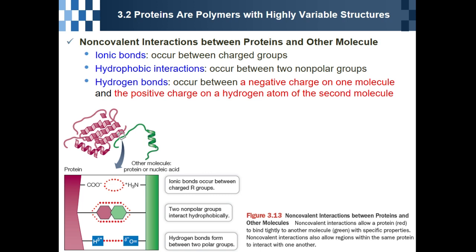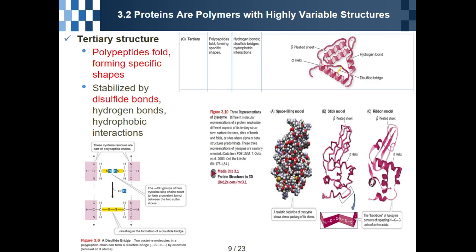Between them, the hydrogen bonding is happening. But this one is a non-covalent interaction. However, with the disulfide bond, they share the electron together. So in Korean, we call it 공유결합.